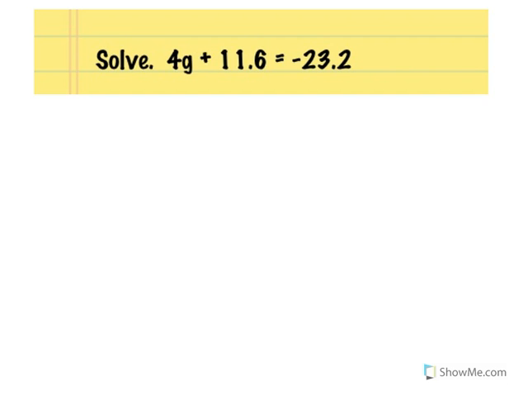Okay, we have a problem we need to solve. 4G plus 11.6 equals negative 23.2. So, first thing I'm going to do, again, reverse of our normal order of operations. We're going to subtract this 11.6 on both sides first.